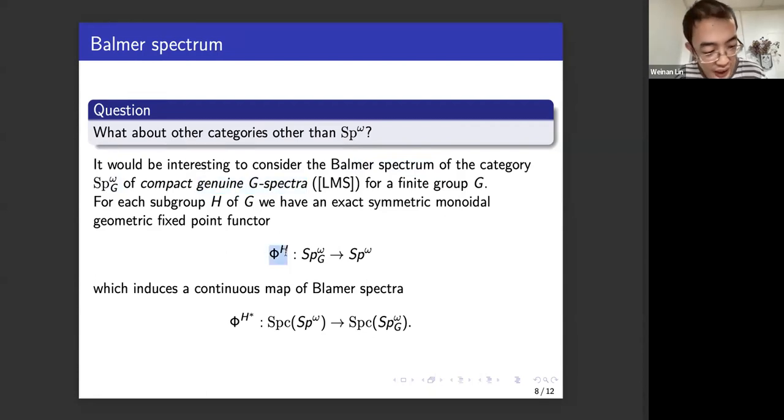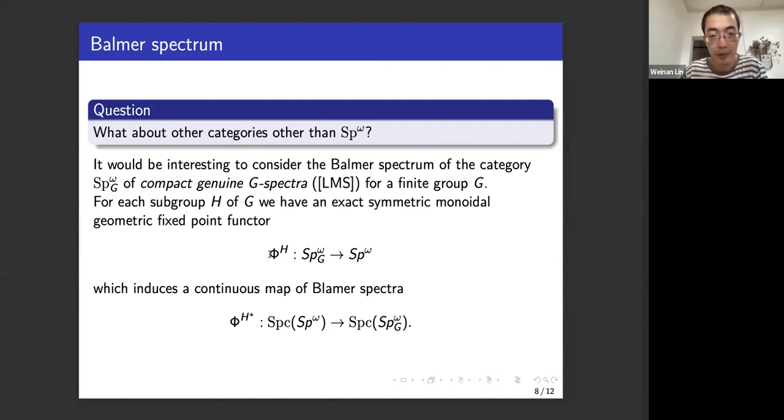In the classical category of spaces, we also have several homotopy fixed point functors, but in G spectra we have even more. We have a geometric fixed point functor, a homotopy fixed point functor, and a categorical fixed point functor. There are several of them, and each one is well behaved in a different sense.